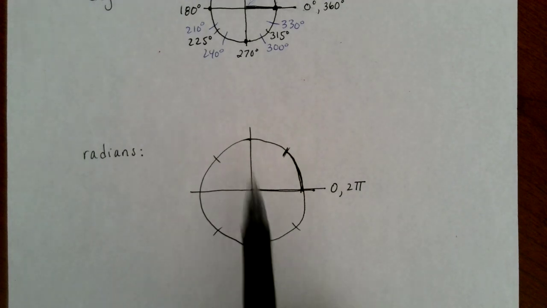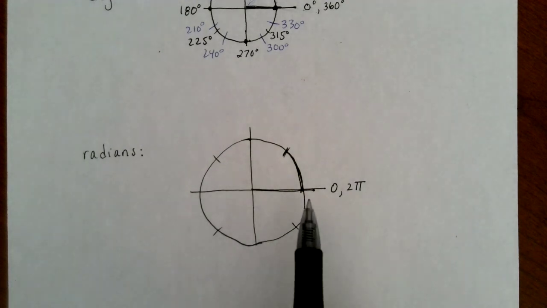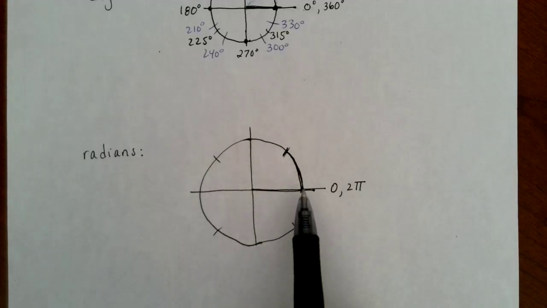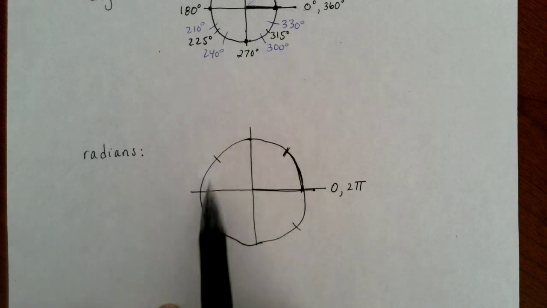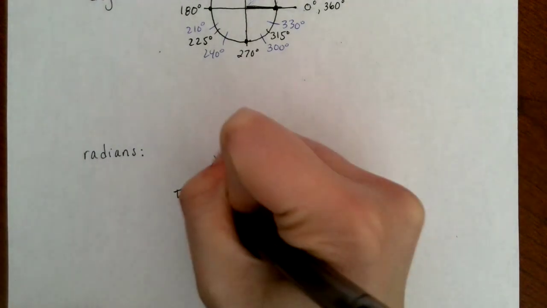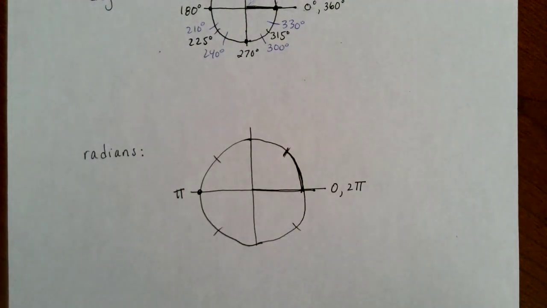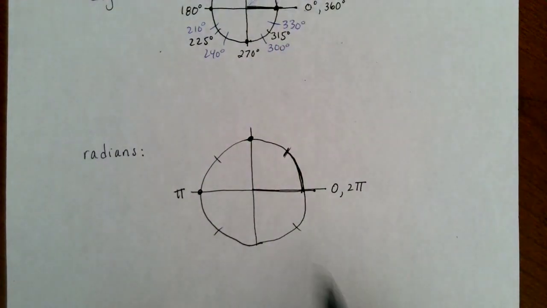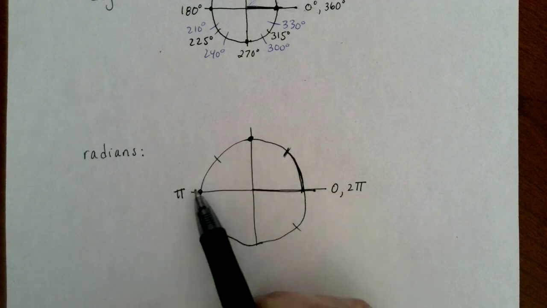Okay, so let's fill in top, bottom, left, right first, just like we did before. If one full rotation is 2 pi radians, then half a rotation is 2 pi over 2, which is just pi. So pi is this position right here. Half of that, which would have been 90 degrees, is now just half of this pi.